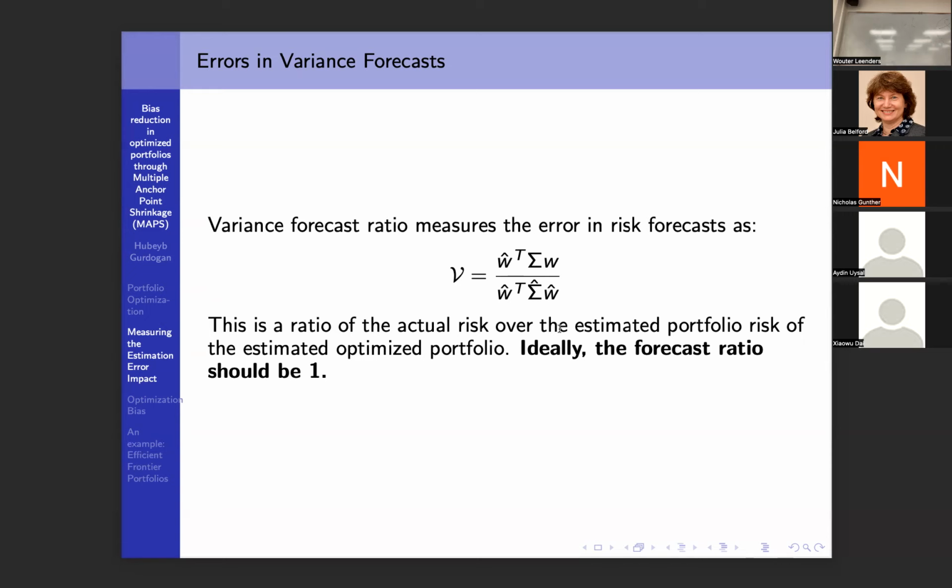We calculate the estimated variance of the portfolio using the estimated covariance matrix. So this fraction ideally should be 1, but we will see that it is a lot bigger than 1 if we go with the sample estimators. And an optimization having more than one constraint can also amplify the effect.